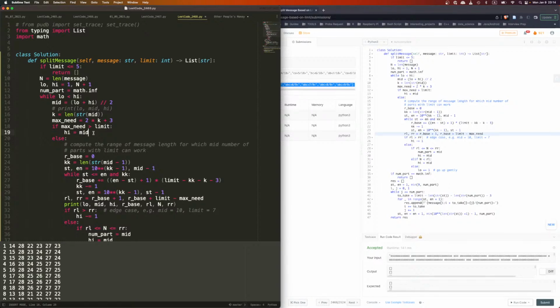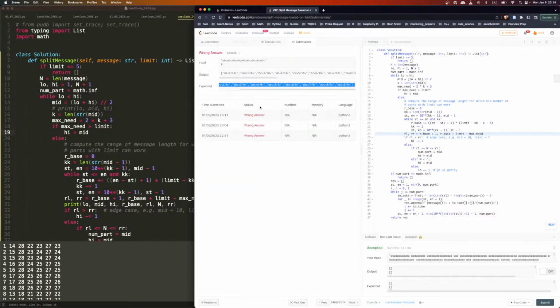There's no other way. I don't think there's another way. And then within this, we can use this binary search thing. Alright, I'll do this tomorrow. Yeah, I think we have to segment it.